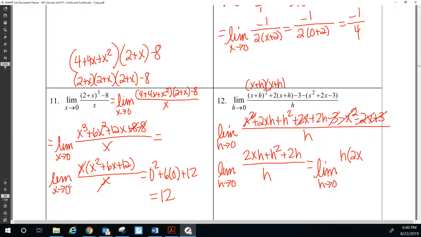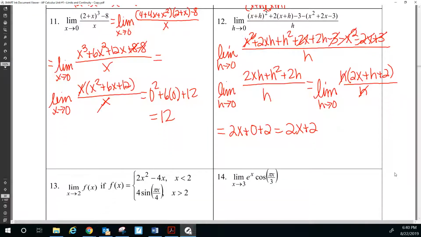So it's h times 2x plus h plus 2, all over h. Finally, we get rid of the h's and we can plug in the 0. Be careful when you have these multiple variable problems. Don't plug in the 0 for x, just for h. So I have 2x plus 0 plus 2, and that's 2x plus 2.